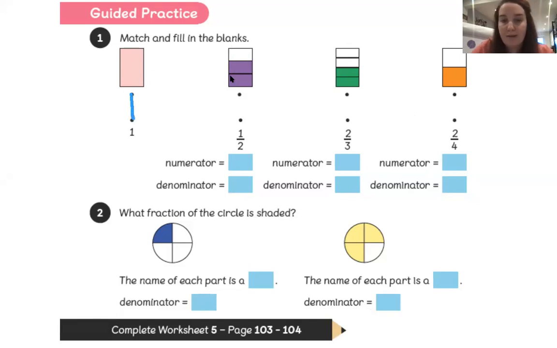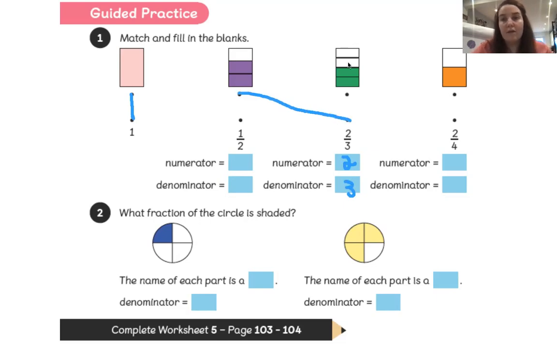How many equal parts is it? And how many are coloured? So it must be, the denominator's got to be 3. And the numerator's got to be 2. So numerator 2, denominator 3, which means it matches up with that.